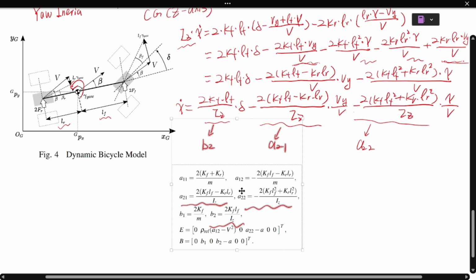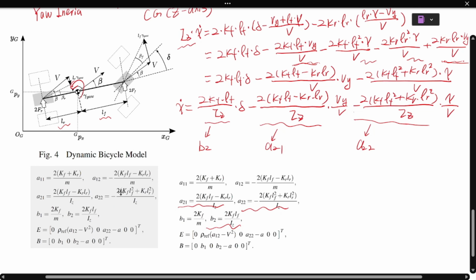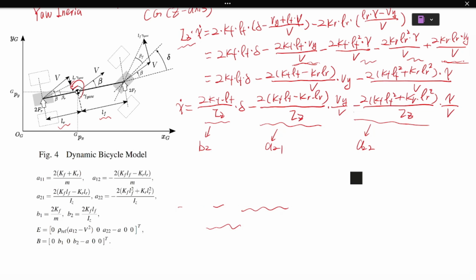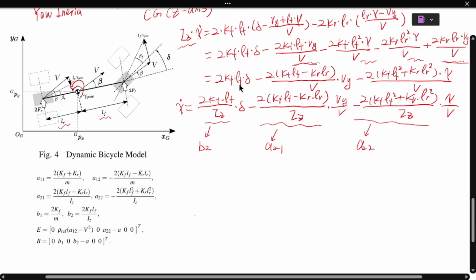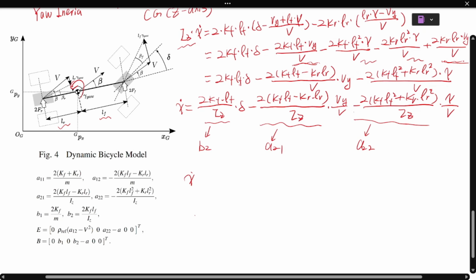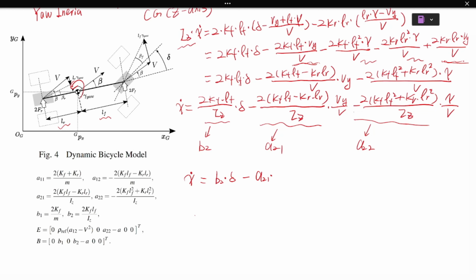So let me erase this line. So the equation goes to gamma dot equals B2 delta minus A21 times Vy over V plus A22 times gamma over V.